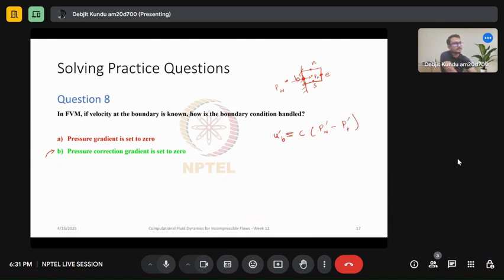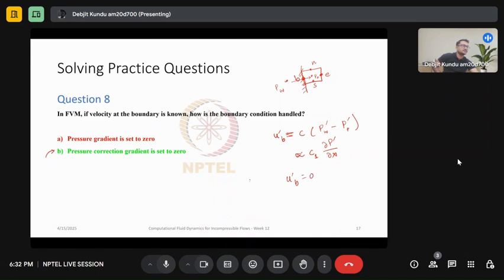This difference is similar to the pressure gradient. So some C prime, or let's drop the prime because prime means correction here, let's call it C1, some other constant times dp prime dx. And since we know the velocity, the correction is not required, right? So correction is zero always.